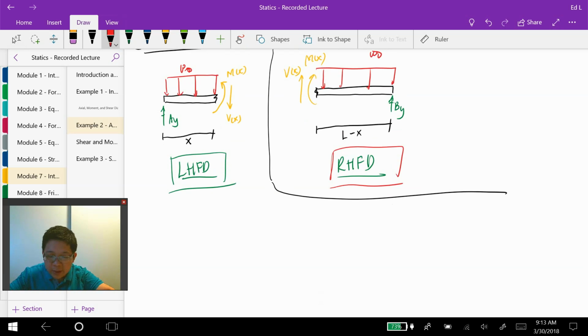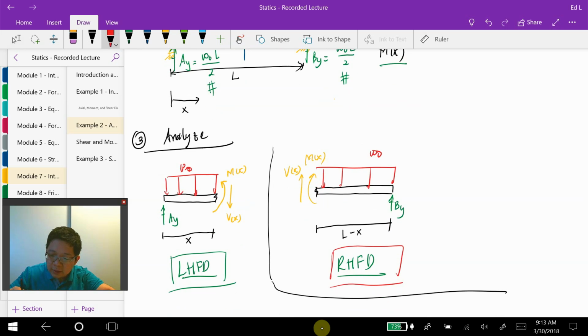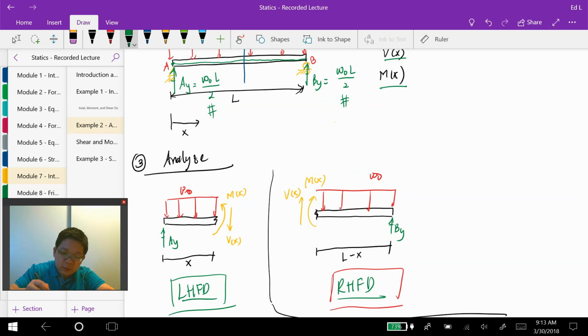Remember that when I draw the diagrams, I include the distributed force as a distributed force instead of the resultant force.